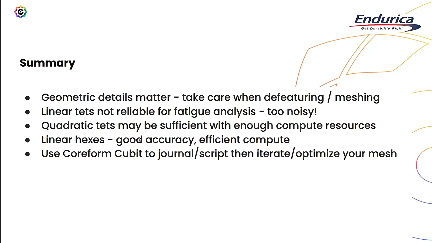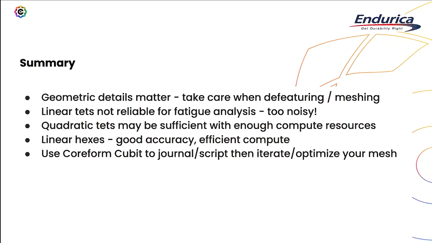So in summary, you've seen here some examples of the kinds of features where cracks can start in rubber parts. So don't just always defeature everything away. You want to think about how much something might be a stress concentrator, and you want to make sure that you properly mesh those.